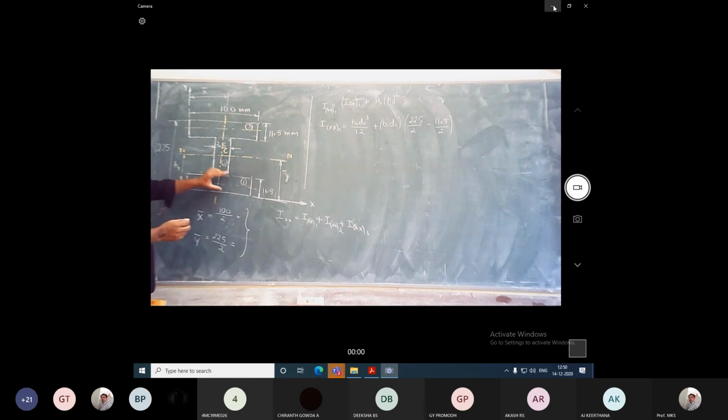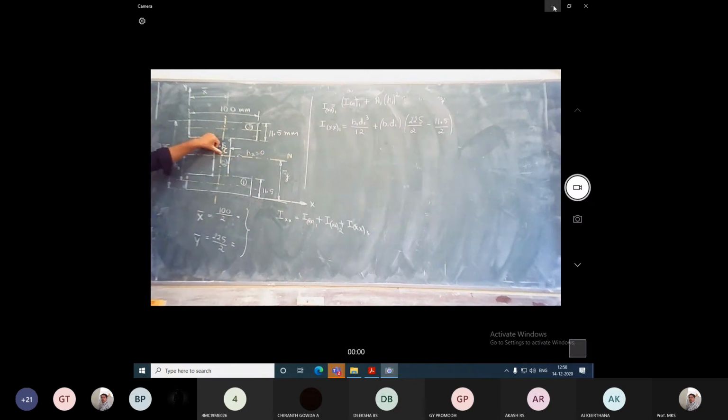Similarly, you calculate for the second section with respect to the neutral axis and centroid. For the second section, the neutral axis and centroid both merge with the neutral axis of the whole I section, since they coincide, h2 will be equal to 0.